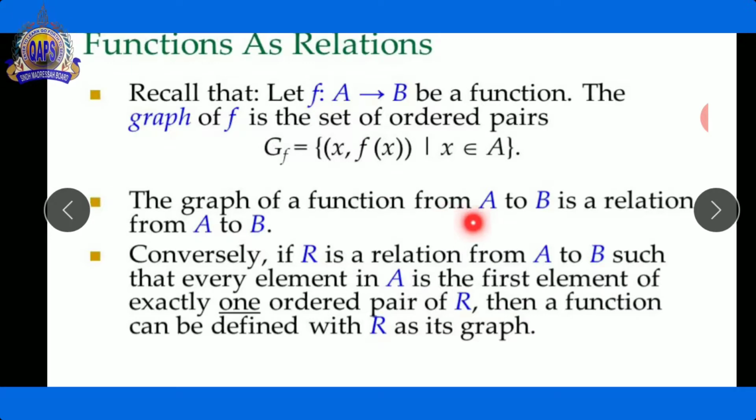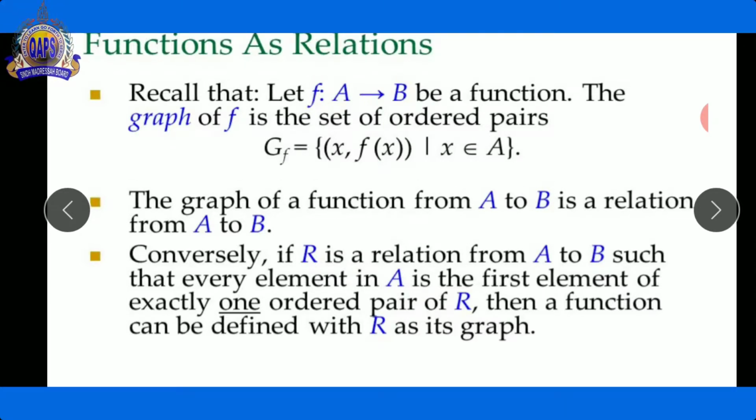The graph of a function from A to B is a relation from A to B. There is a very important point: every function is a relation, but not every relation is a function. Sometimes a relation is a function, but we cannot say that every relation is a function.